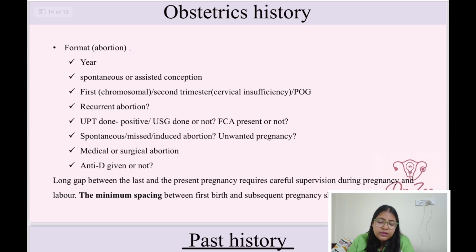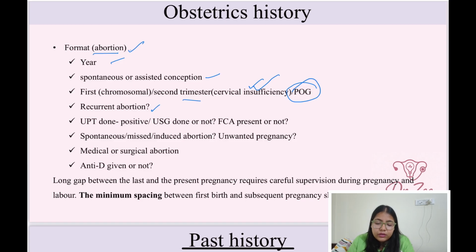Similarly, for cases of abortion, what should be your format? Year, conception, whether spontaneous or assisted, whether it was a first trimester or second trimester abortion, because first trimester abortions are mostly due to chromosomal anomalies and second trimester ones are mostly due to cervical insufficiency. At what period of amenorrhea or gestation was the abortion, and was it spontaneous?